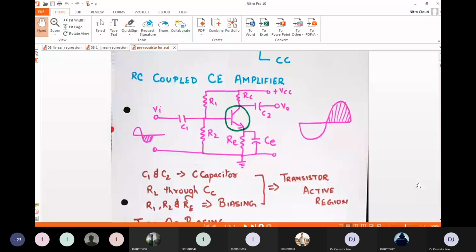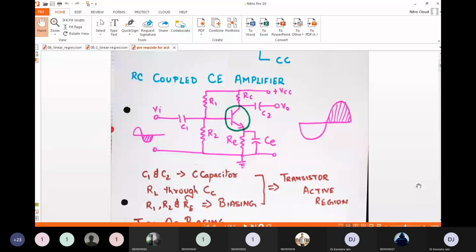RL, that is the load resistance, is connected through the coupling capacitor CC, that is through the collector side. So RL is across C2 basically. We have three resistors R1, R2 and RE. R1 and R2 are basically known as biasing resistors.